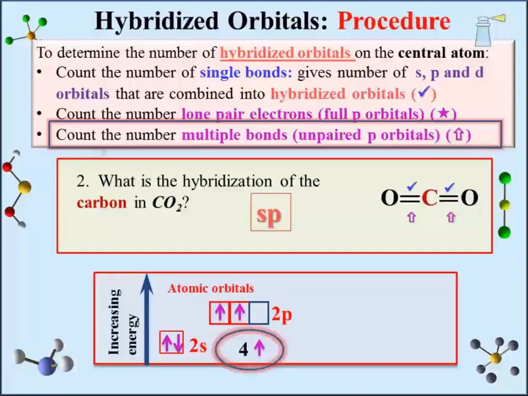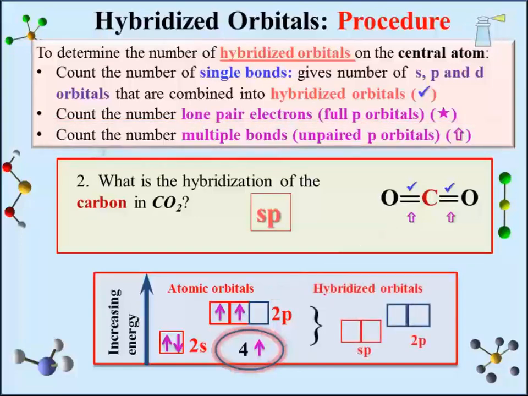Now we're ready to answer the question of why carbon doesn't just use the 2 p orbitals with single unpaired electrons for covalent bonding. If it did so, it would not have 2 remaining p orbitals for the 2 multiple bonds it makes. Proceeding with the hybridization, there are 2 equal sp orbitals and 2 unchanged p orbitals.